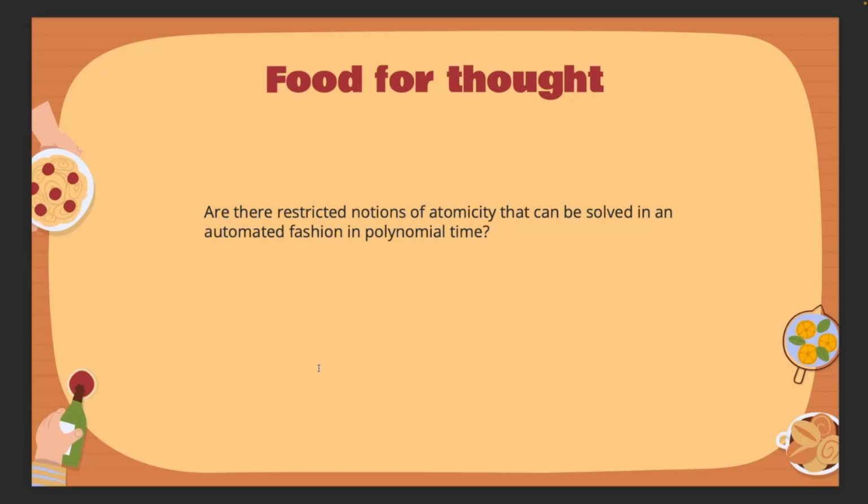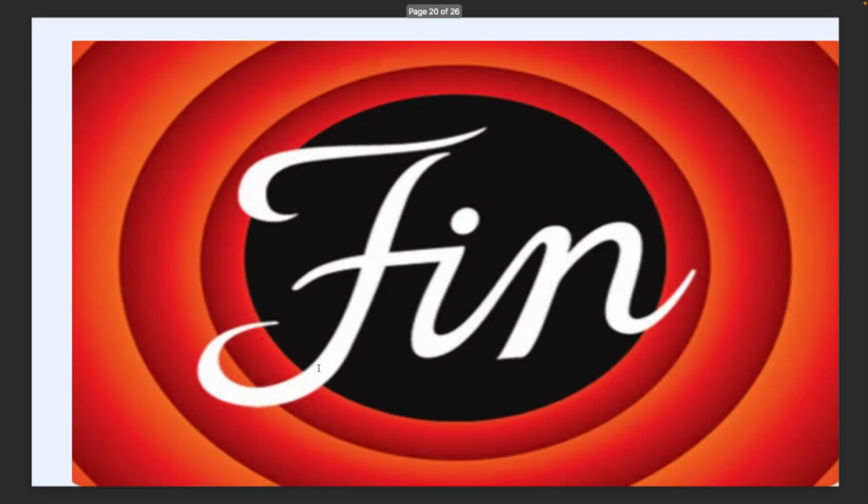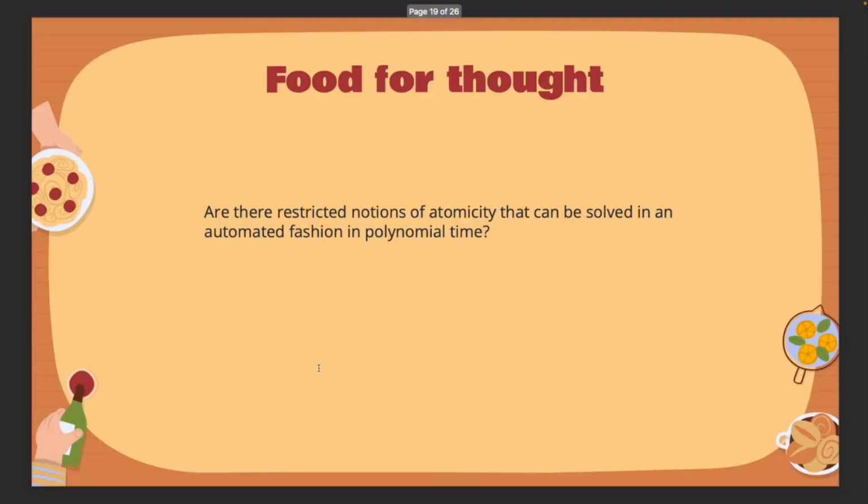But coming up with things which are polytime and which are also automated is usually quite difficult in static analysis. So that's it. This is the thing that I'm really working on, how to make static analysis more efficient.